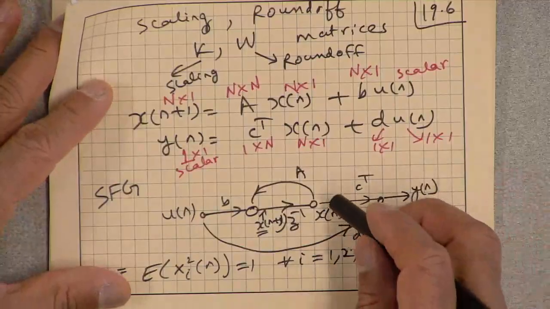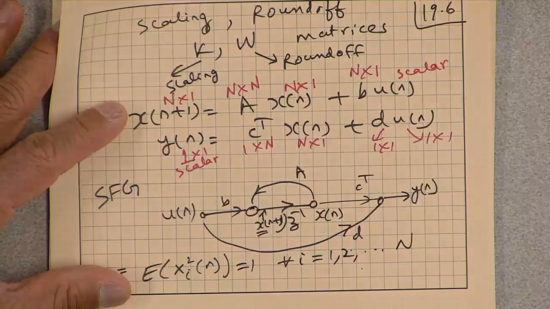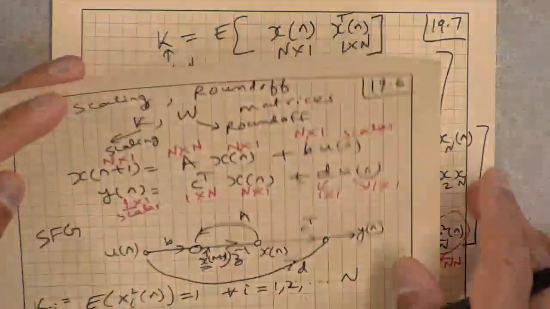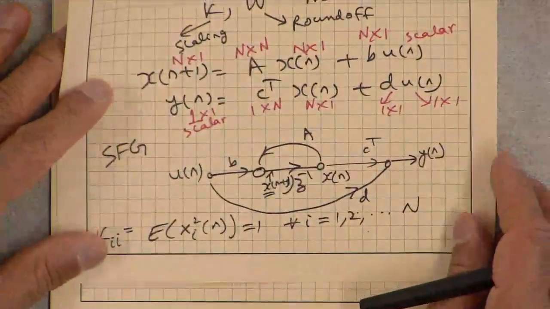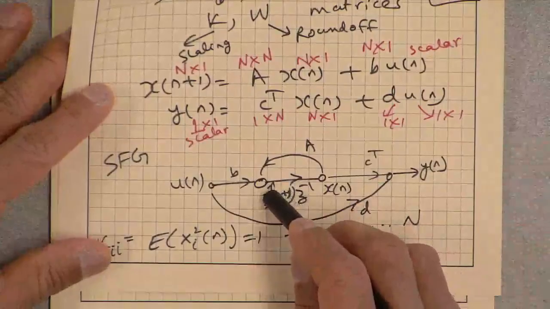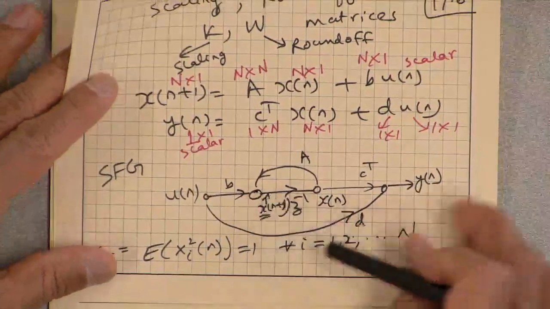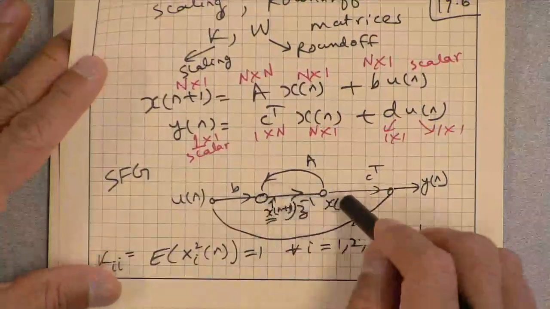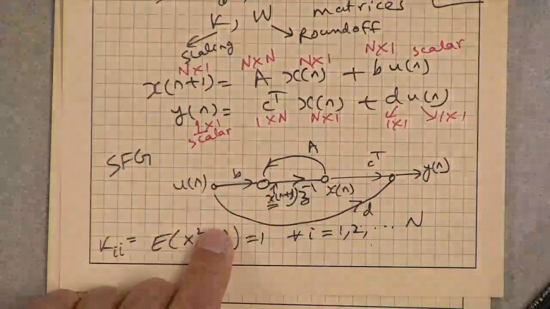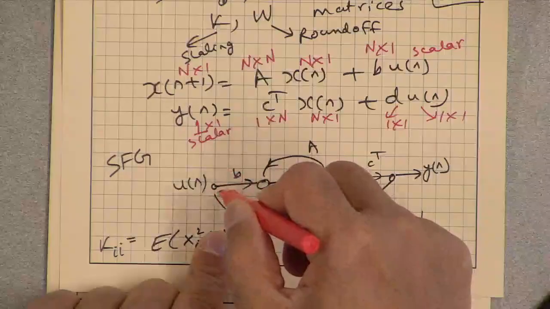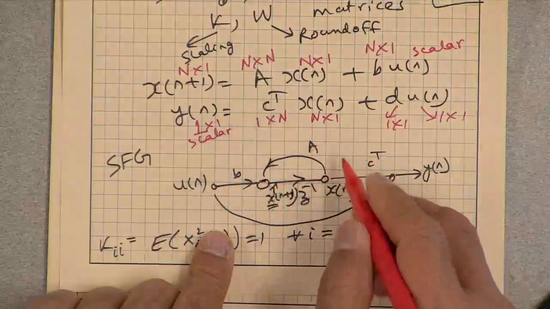And then we want to compute K. The K matrix is defined as the expected value of x x transpose. So we need to compute an expression for x n so that I can compute the K matrix. To compute x n, I need to think about the transfer function from the input to the state x.